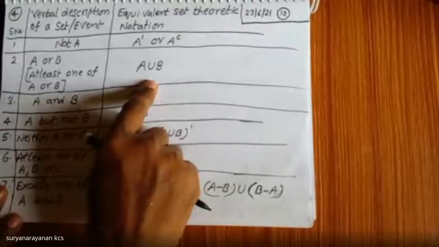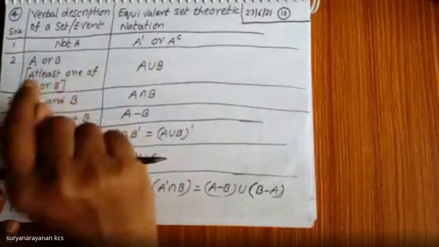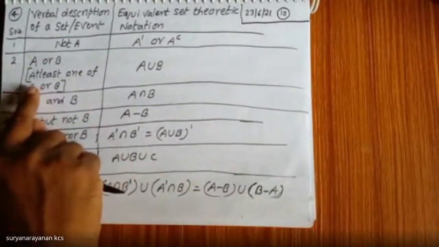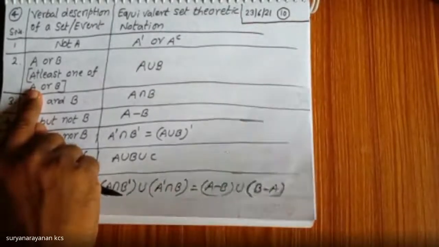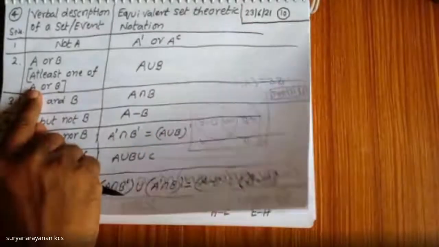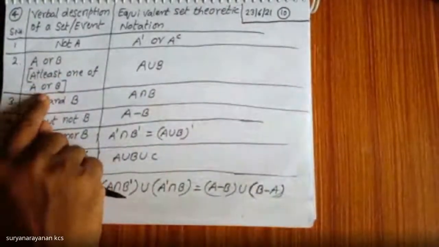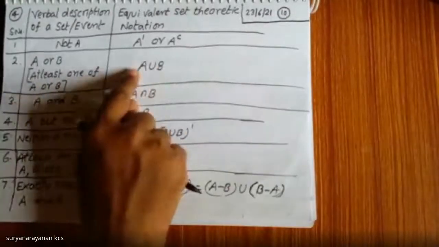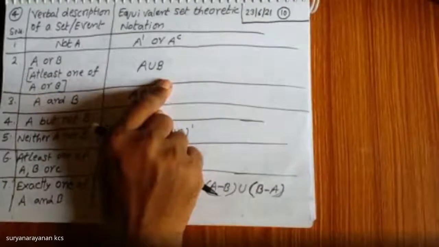Sir, A union B. Yes, A union B. They did not give this sentence directly, my dear children. They used this sentence, at least one of the two languages, either Spanish or French. Means indirectly they asked here, we have to find the union of the two sets.